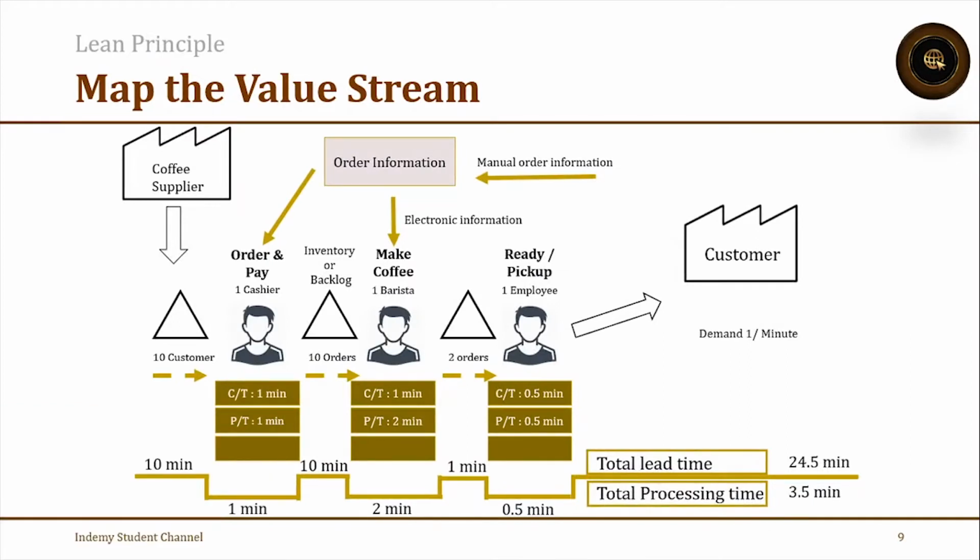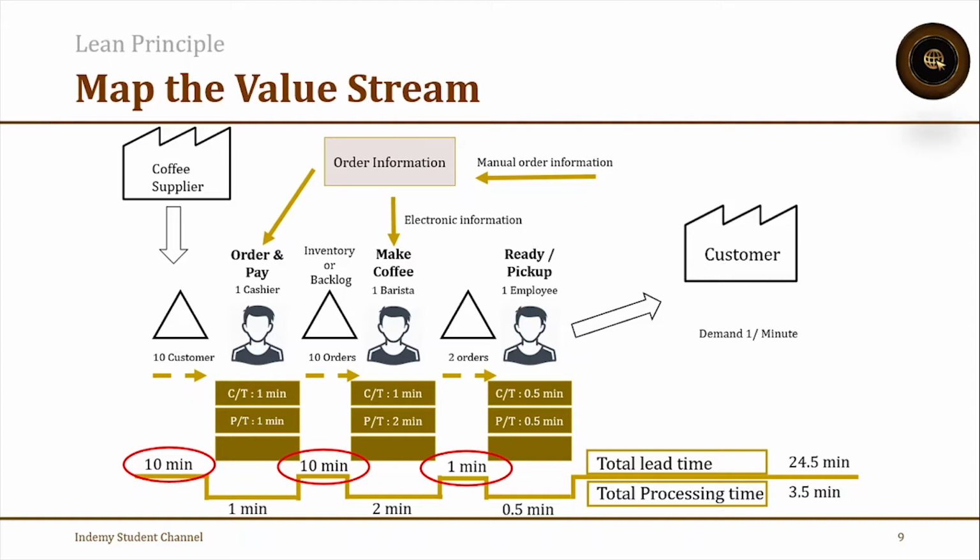We can see in here, in the value stream, we can clearly see the flow of material and information. Not only that, we can also see the non-value added activity, like 10 minutes, and 1 minute. It is actually a waste that we already discussed in the previous lecture about type of waste in Lean.